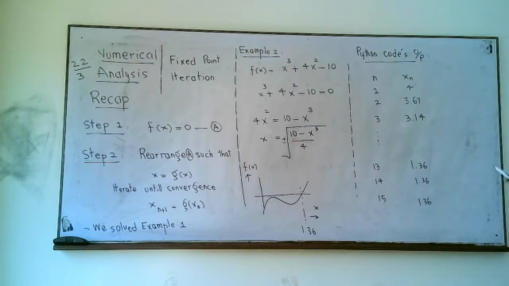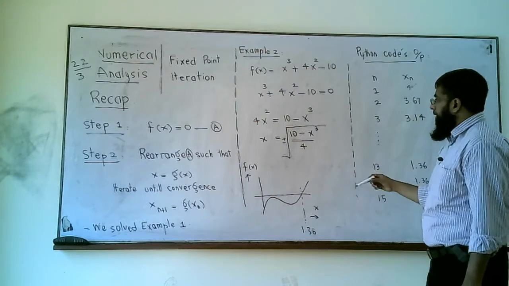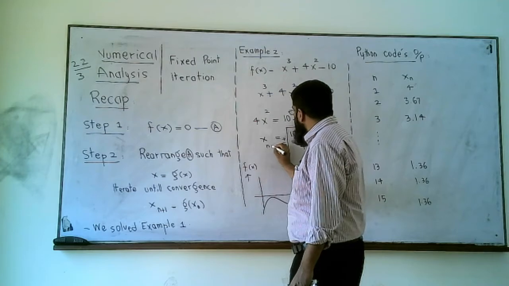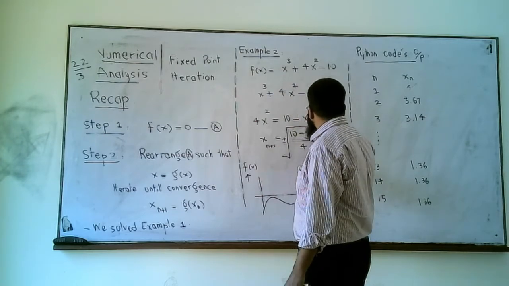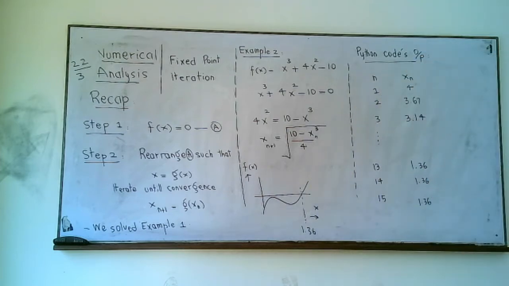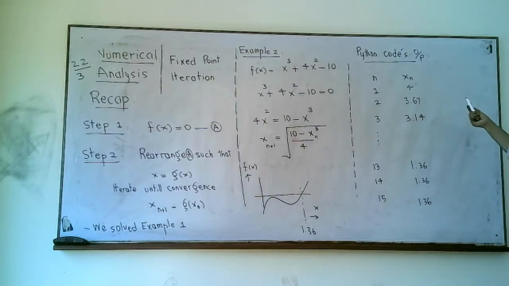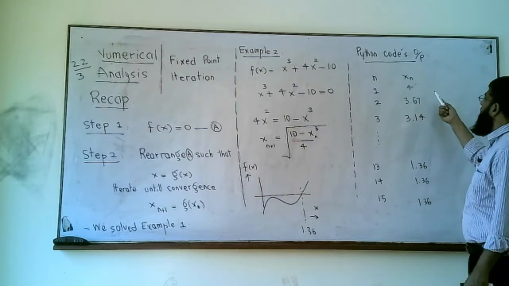So in my Python code I have implemented this expression and iterated through it like this: x(n+1) equals the square root of (10 minus xn cubed divided by 4), starting with some given starting point. You'll see in my Python code that I have two options. Either you can start with any random number or you can start with your own chosen starting point. You can try both, right?